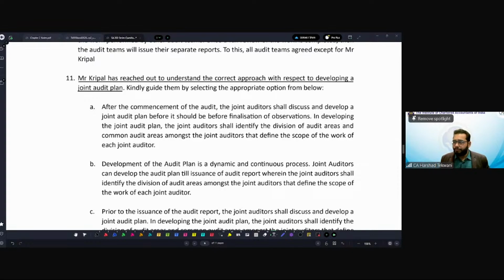Anyone? Okay, Yogesh, good, very good. Whether they are required to finalize the full audit plan at the start, or they are required to first start the audit and then gradually develop the audit plan. Come on guys.